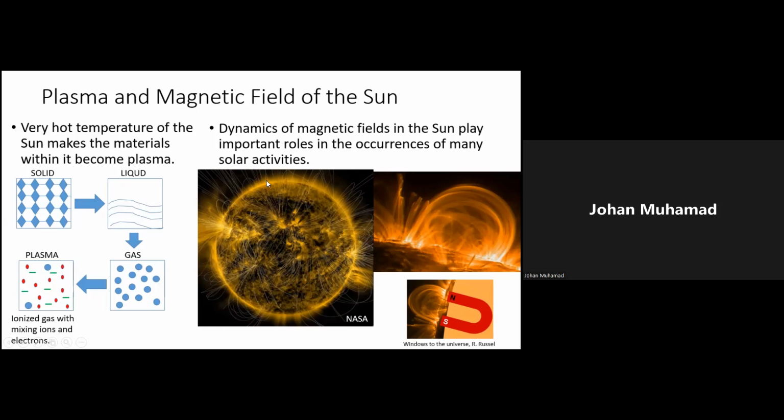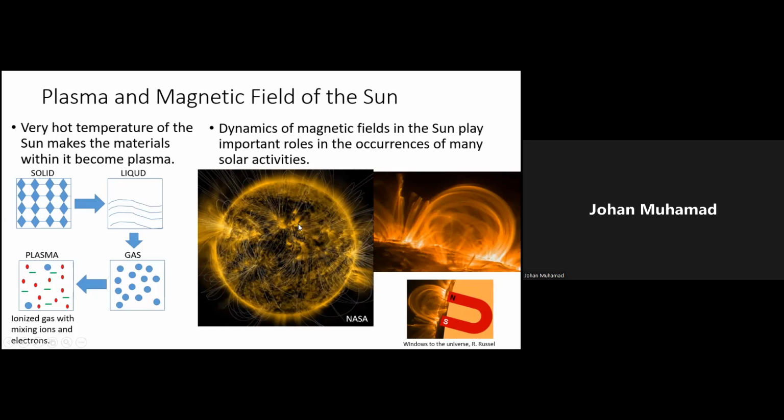And then, not only plasma, but the sun is also a highly magnetized environment, because on almost all of the sun's surface and also in the sun's solar atmosphere, there's a magnetic field, and the dynamics of magnetic fields in the sun play very important roles in the occurrence of many solar activities, as we will see later.